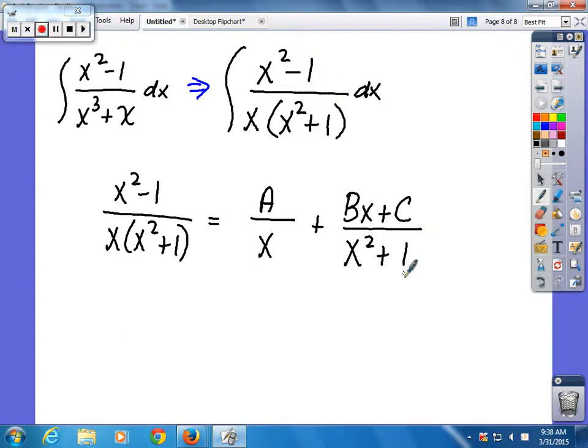This is x to the 0, this is x to the first power, this is x squared, this has got to be x to the first, so it's dropping 1. Multiply through by the common denominator.